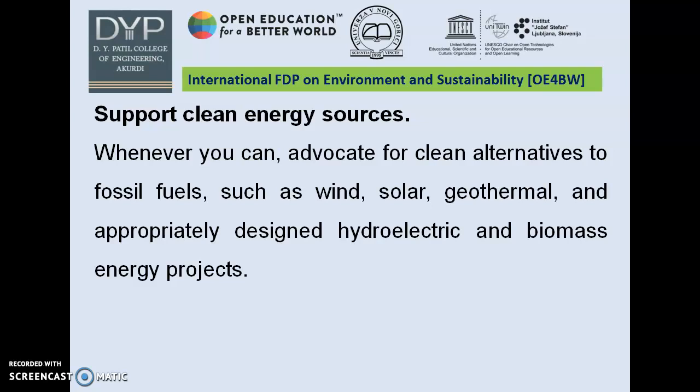Electricity is the consumption of power, and it comes from burning fossil fuels, for example petrol, coal, diesel. For all these, there are alternatives to fossil fuels such as wind: by rotating windmills we can produce electricity. Electricity is produced by burning fossil fuels such as coal, and the same electricity can also be produced by wind through windmills, and by solar using solar panels.